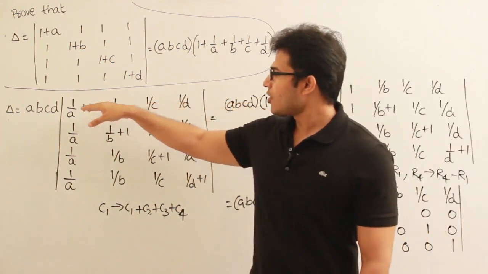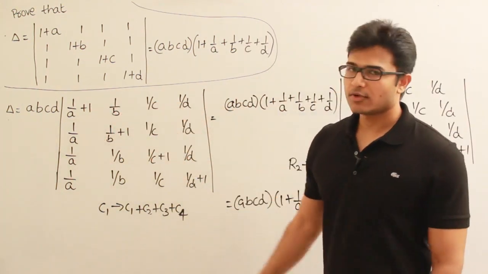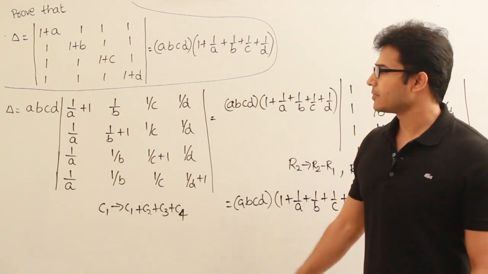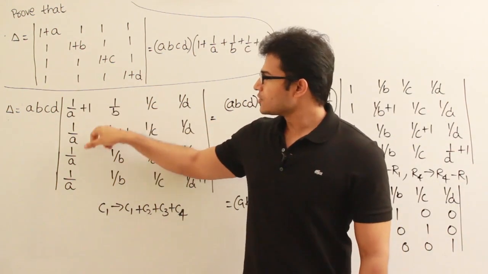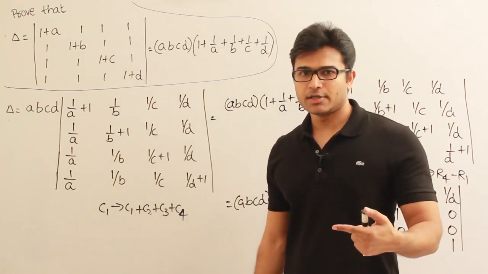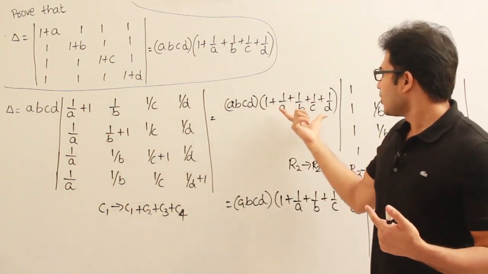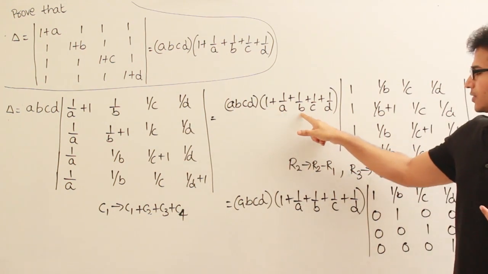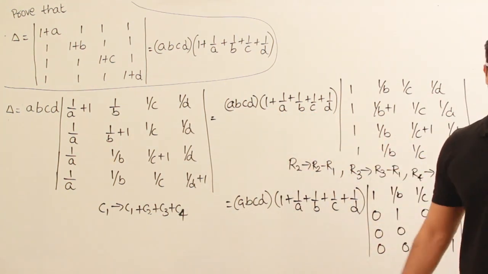So if I add them all, I get 1 plus 1 by A plus 1 by B plus 1 by C plus 1 by D. So the first column is going to be 1 plus 1 by A plus 1 by B plus 1 by C plus 1 by D, right? So I'm going to pull out as common 1 plus 1 by A plus 1 by B plus 1 by C plus 1 by D, right?